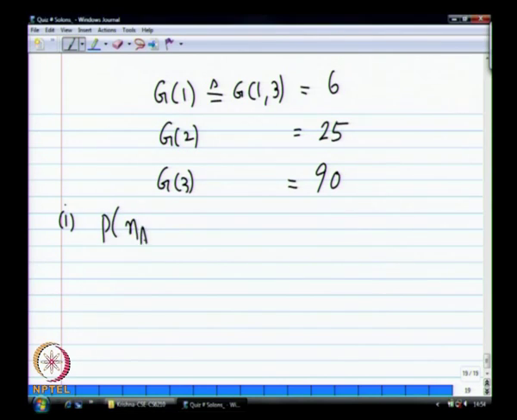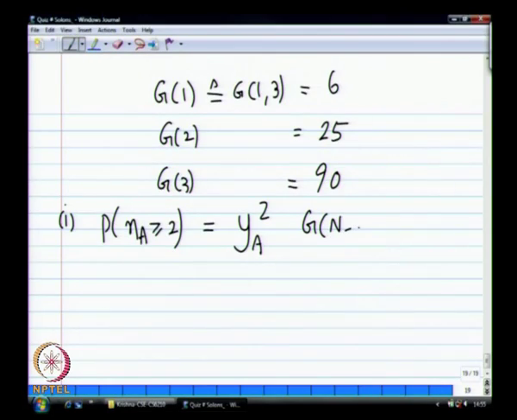What is the probability that there are at least 2 jobs in disk A? Just compute and tell me the answer, then I will write it down. 0.6.